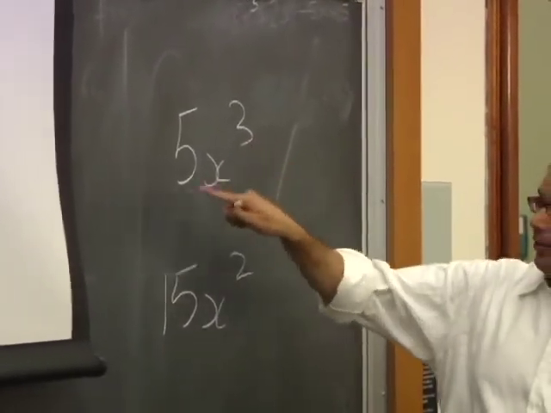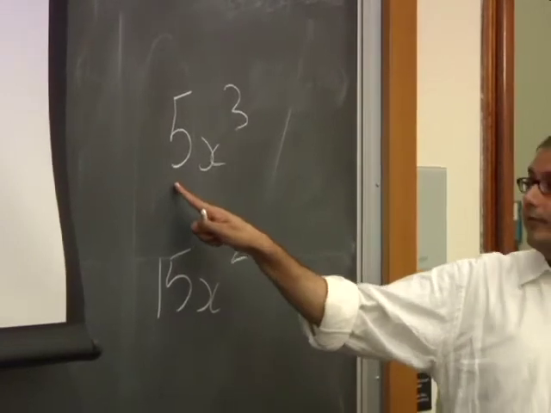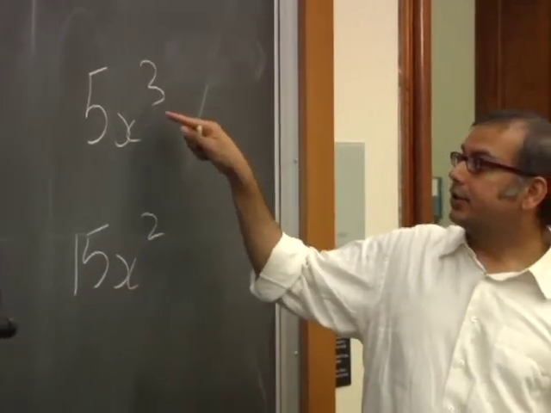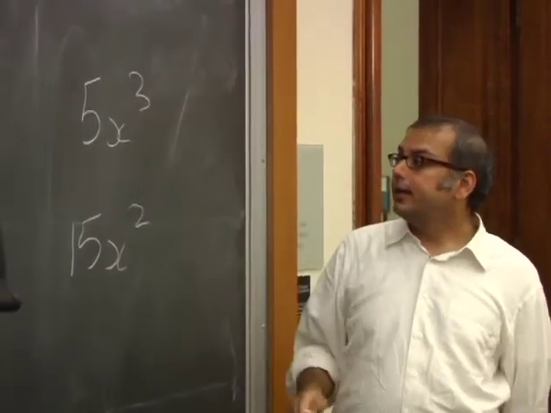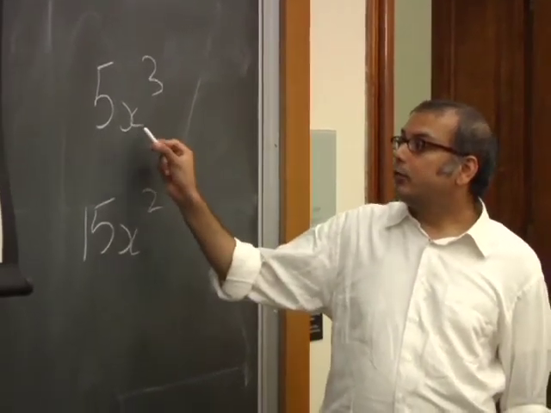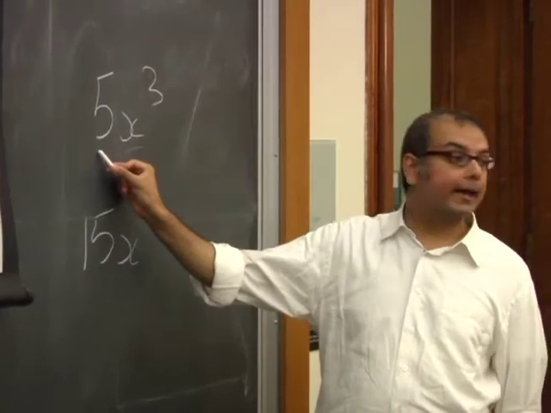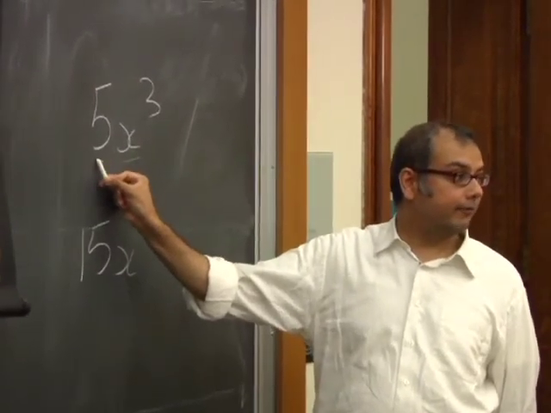You're taking 3, multiplying it by 5, times x to the power 1 less than 3, okay? That's when x is multiplied by a constant multiple, 5.